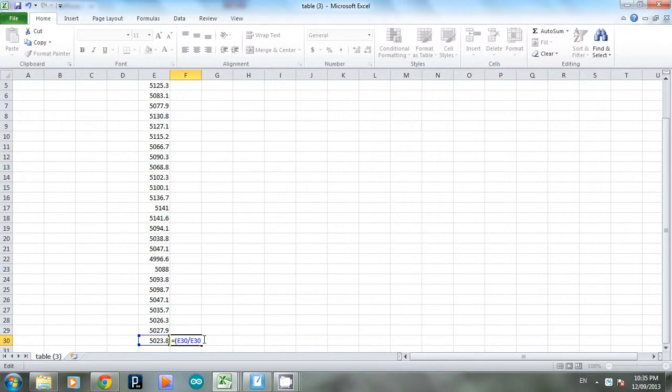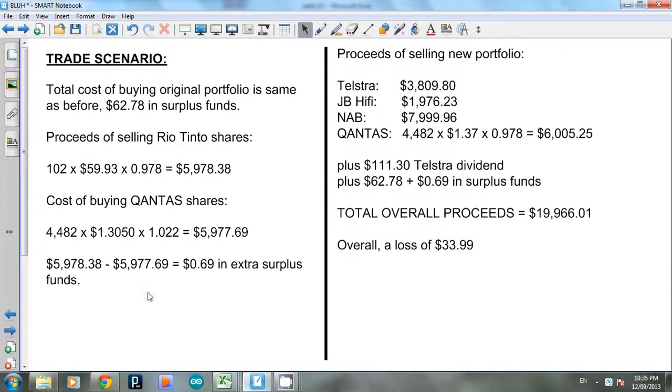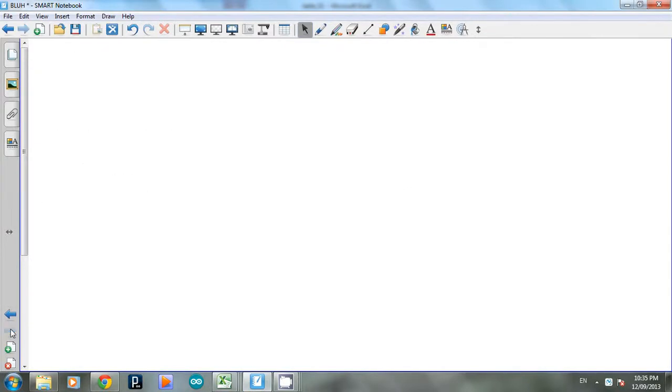Now that's going to have to be an absolute reference, so I need to put the dollar sign in front of the letter E and the dollar sign in front of the 30. Close the bracket off, and then multiply by 100. And that gives me a starting index of 100. I might just write that down. Don't know how clearly you can see that on here. I basically did this. Just give me a sec.